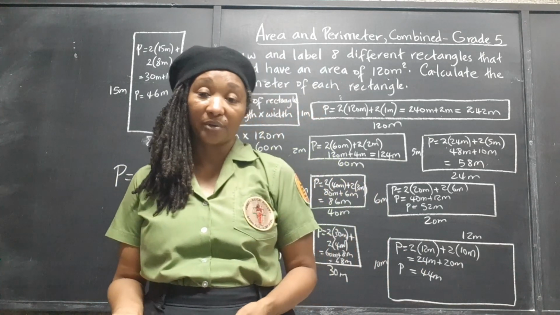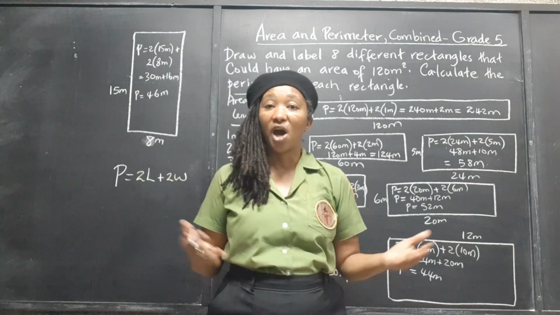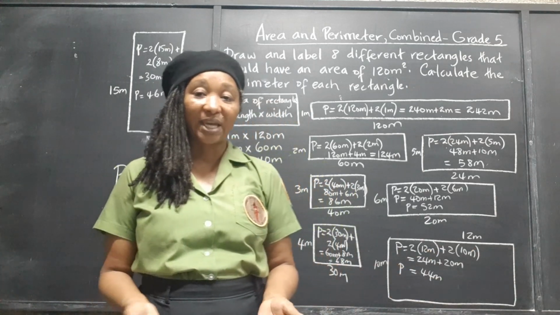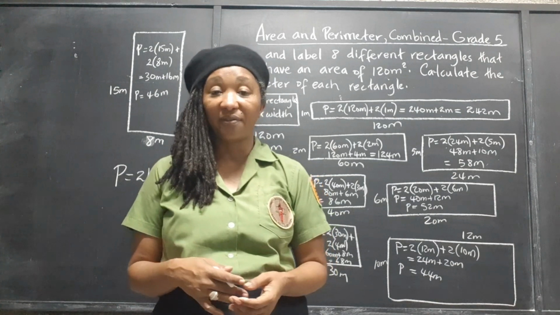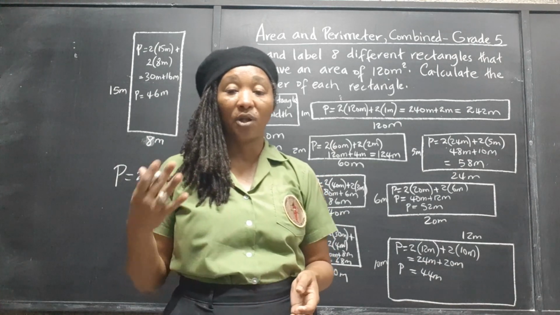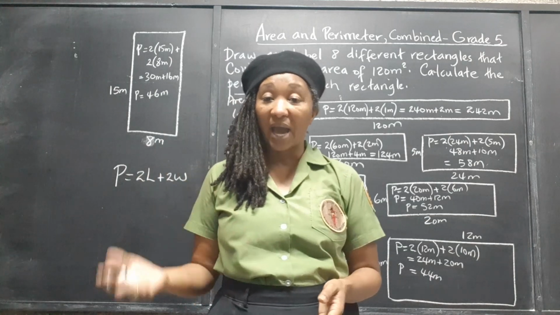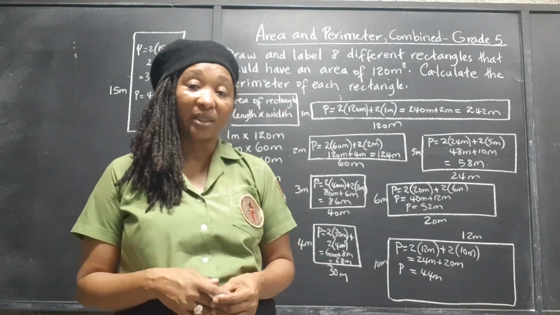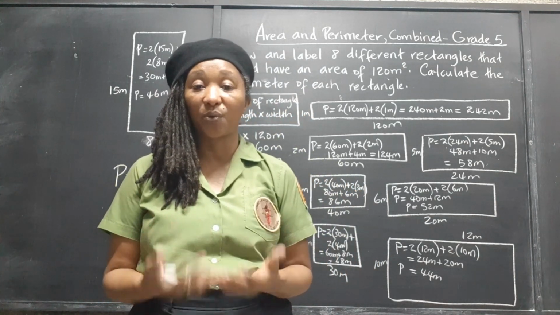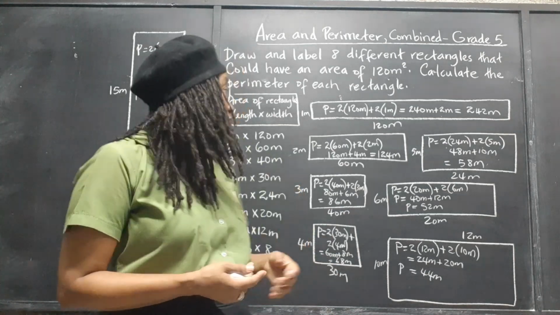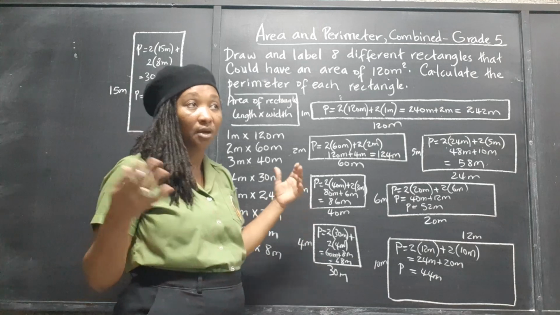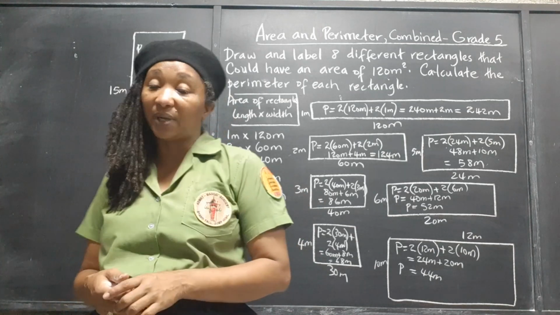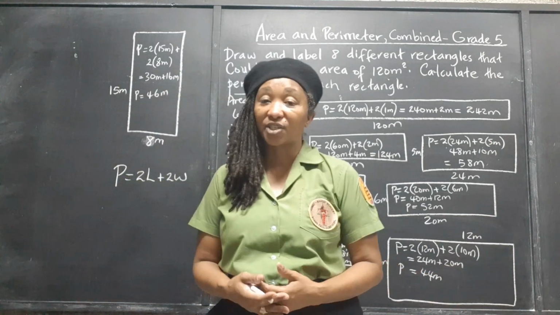Think of a number. Let's say 100. How many rectangles can you think of where you multiply the length by the width, you would end up with 100 meters square or centimeters square? And you don't have to stick to whole number factors. You can throw in some decimals, throw in some fractions.